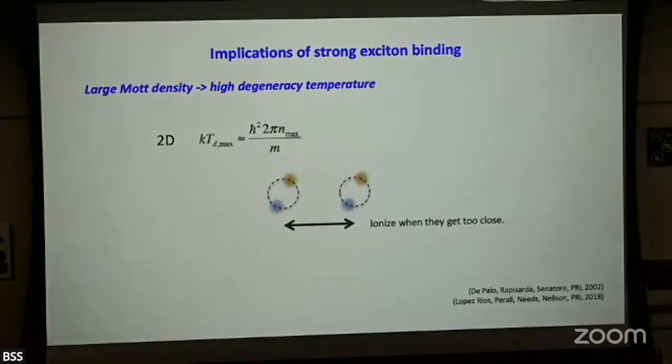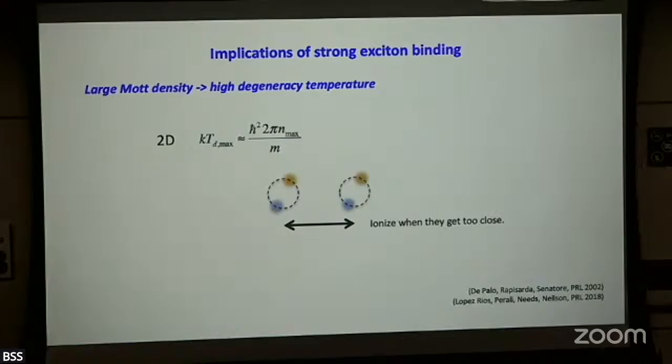So I already mentioned the reason why we pick those instead of graphene is to have a large degeneracy temperature. We can do a very simple, hand-waving argument: the degeneracy temperature for 2D is linearly proportional to the density. So the higher density you have, the larger degeneracy temperature you can have. So what is the largest density you can reach?